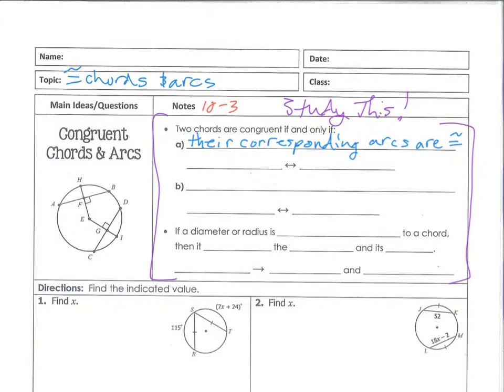And so we're going to write that out. The measure from A to B, that's what that notation means, is equal to the measure from C to D. And this arrow, if you recall way back in September-ish, means if and only if.